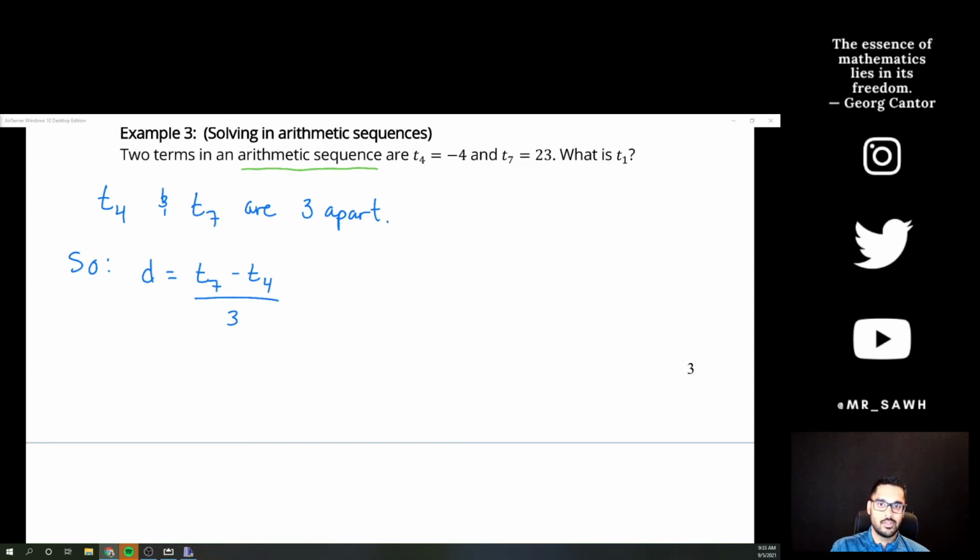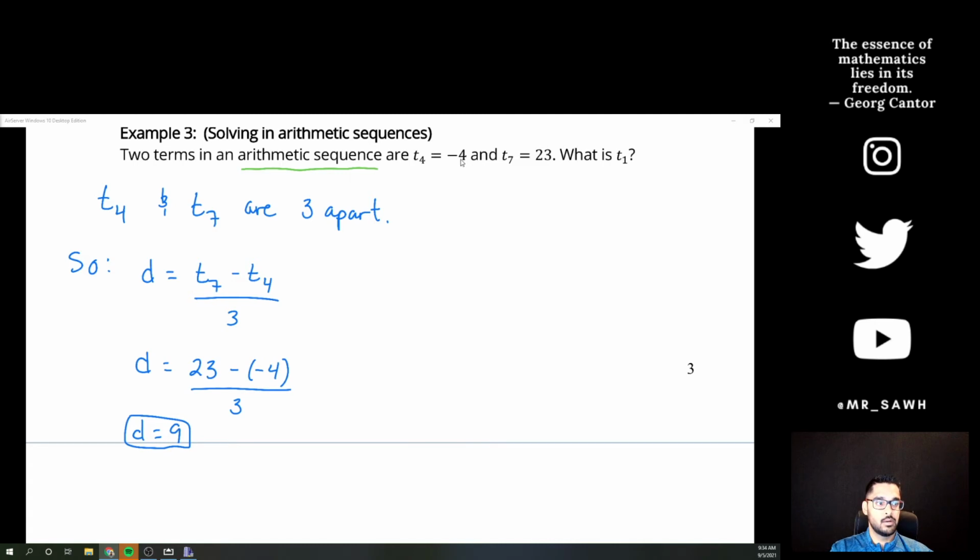Whatever I get should be divisible by 3 because I have to add that number 3 times to get there. So my 7th term value is 23, minus -4, divided by 3. Well, 23 plus 4 is 27, divided by 3 is 9.